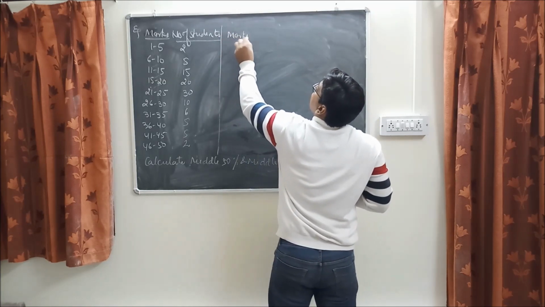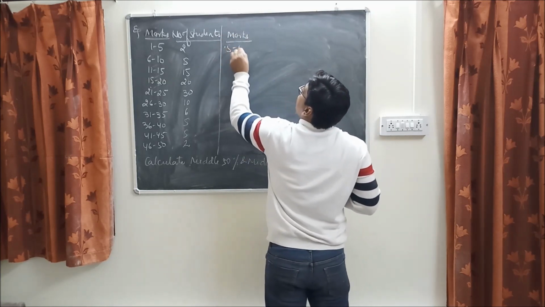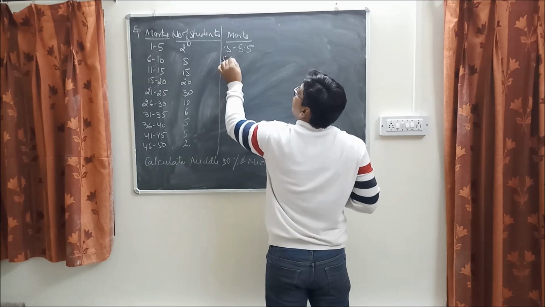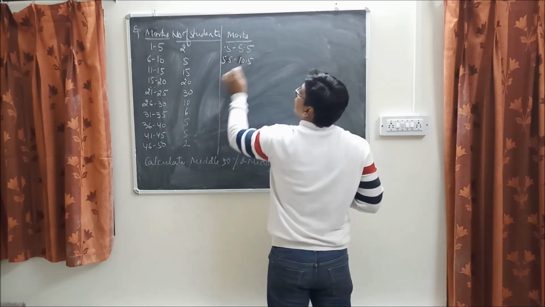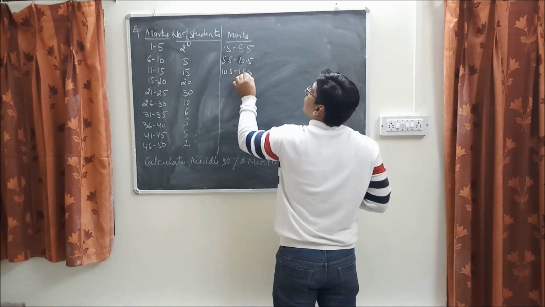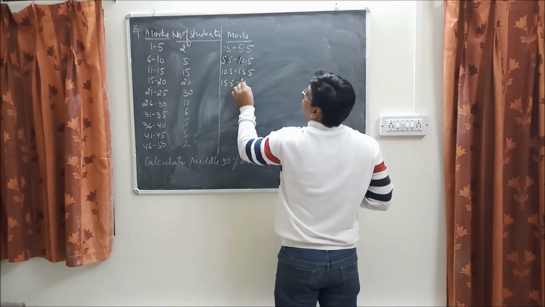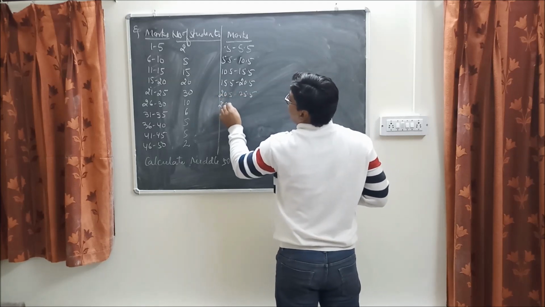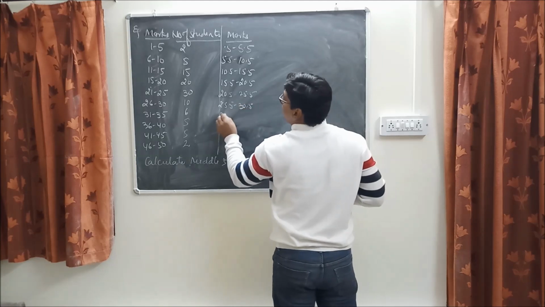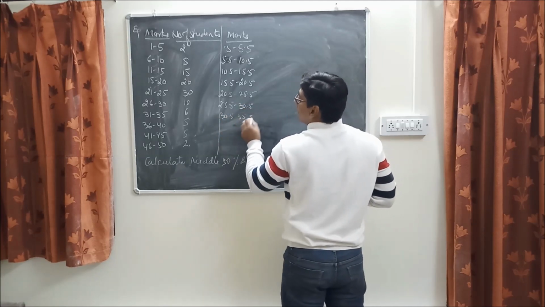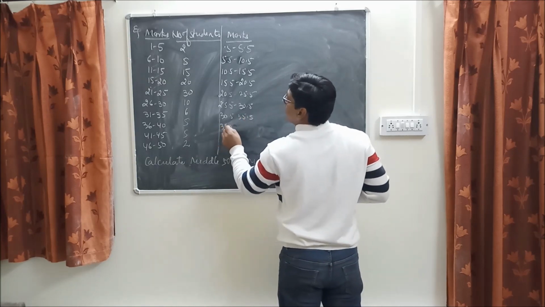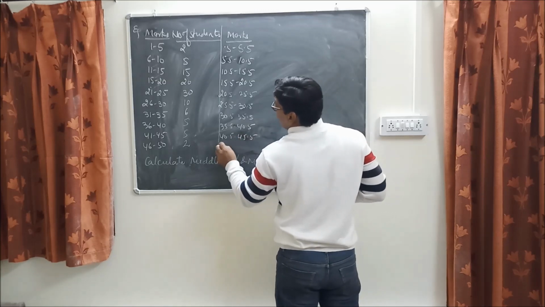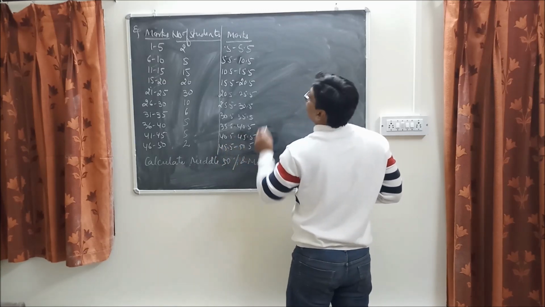Marks: 0.5 to 5.5, 5.5 to 10.5, 10.5 to 15.5, 15.5 to 20.5, 20.5 to 25.5, 25.5 to 30.5, 30.5 to 35.5, 35.5 to 40.5, 40.5 to 45.5, and 45.5 to 50.5.